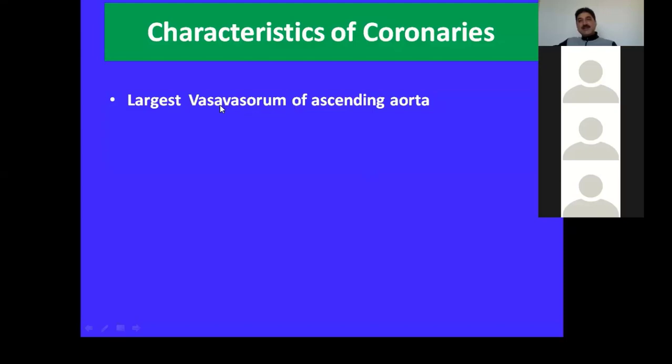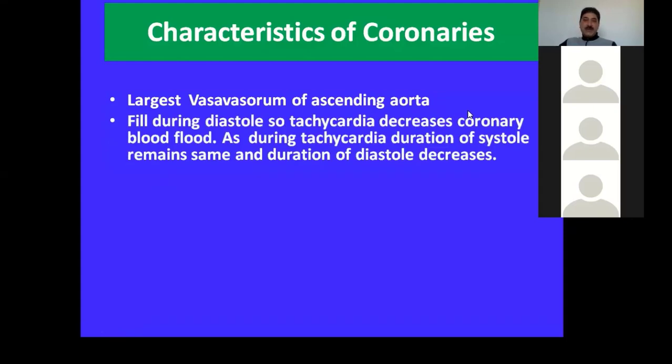We name that as the largest vasa vasorum arising from the ascending aorta. Don't get confused. Largest vasa vasorum of the ascending aorta because they originate from the ascending aorta. We consider the heart as a modified blood vessel, so its vessels, that is coronaries, are the largest vasa vasorum of our body, originating from the ascending aorta.